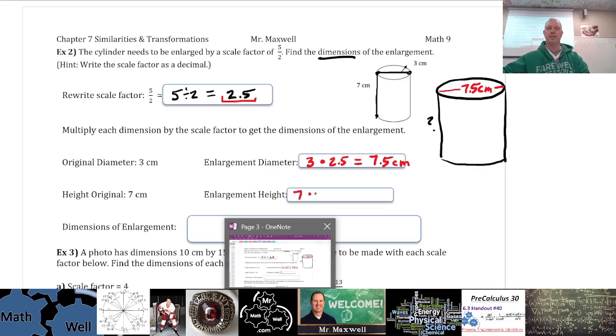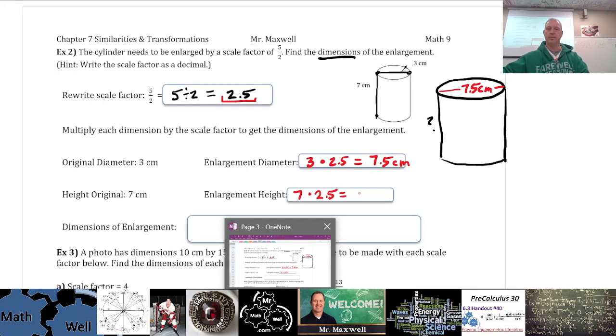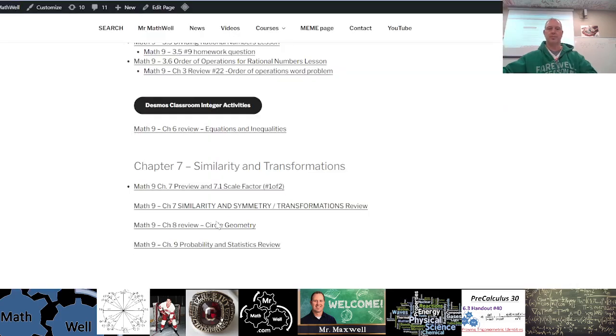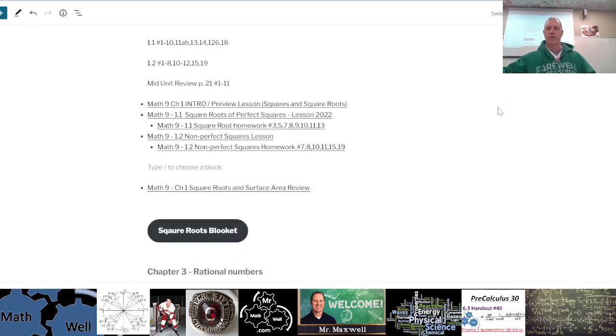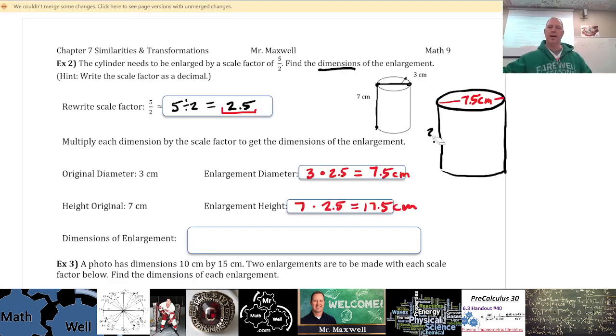7 times 2.5. That should equal 17.5 centimeters. So the height of the cylinder is 17.5 centimeters.